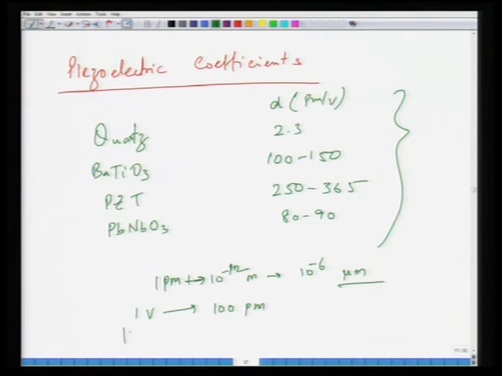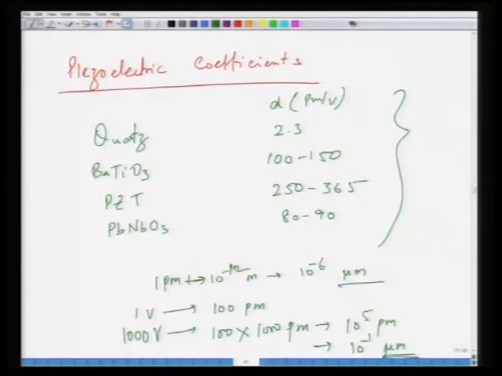When you apply 1000 volt, which is 1 kilovolt, you get 100 multiplied by 1000 picometer, which is of the order of 10 to the power 5 picometer, or 10 to the power minus 1 micron, which is 0.1 micron. 0.1 micron is not a small displacement, it is a very large displacement, because the unit cell parameters are of the order of angstrom.